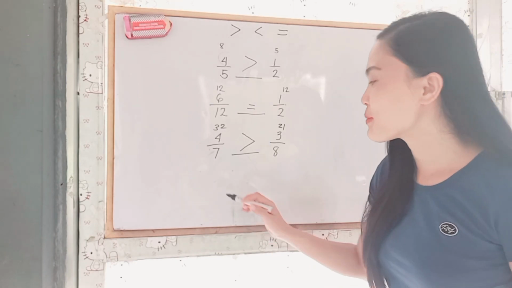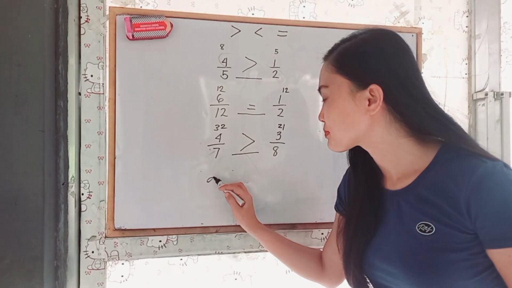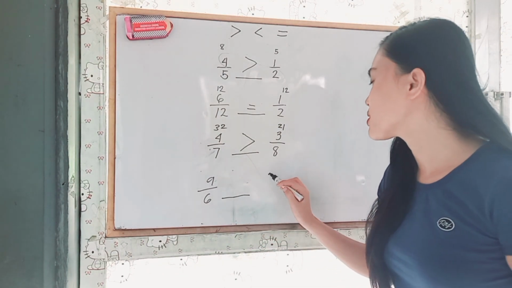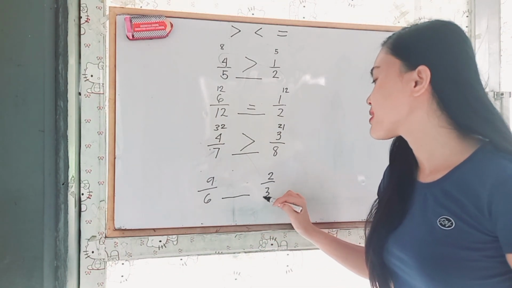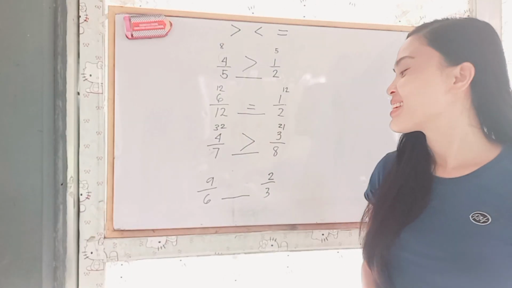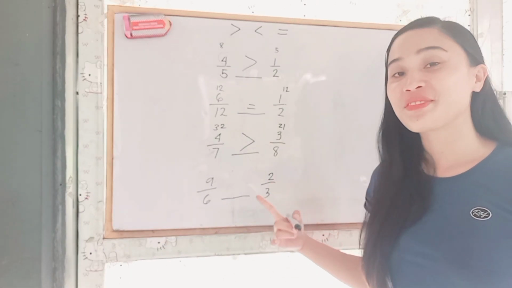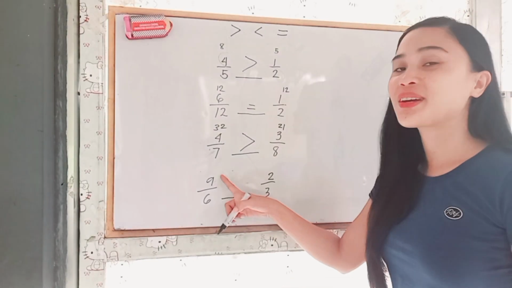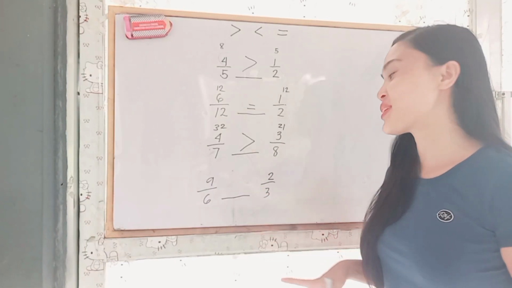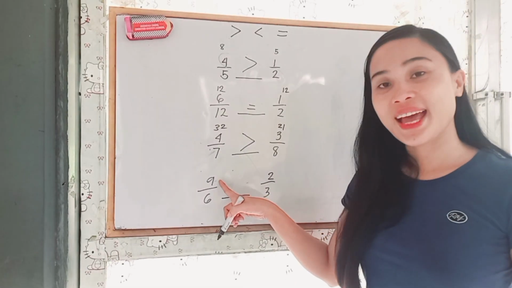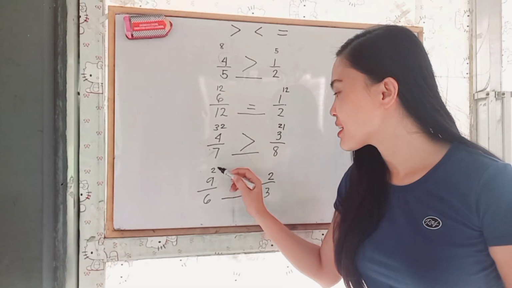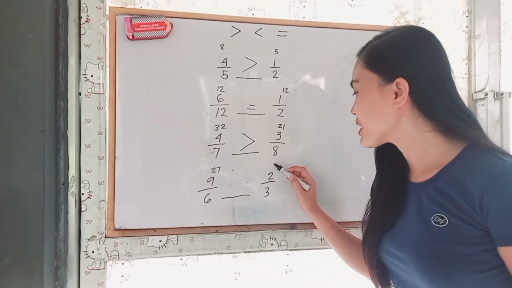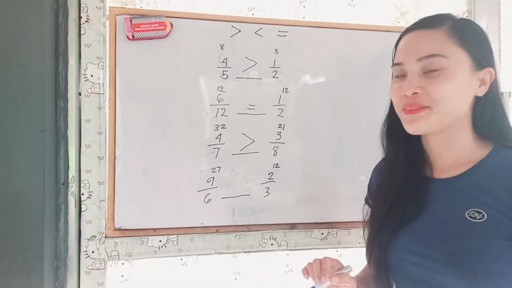Another example, we have here 9/6 compared to 2/3. Okay, so again, they have different numerators and different denominators. So use the cross multiplication method. 3 times 9 is 27. 6 times 2 is 12.